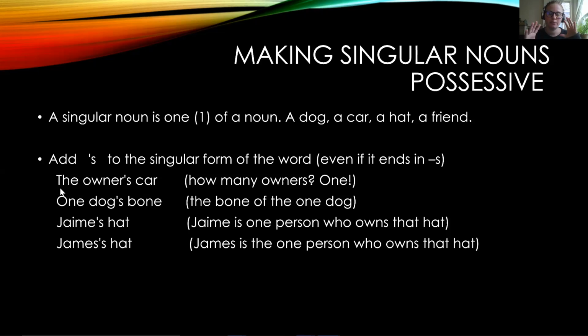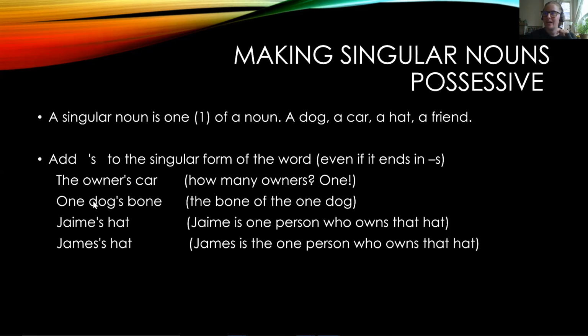"The" can refer to, like, the class's textbooks. If our class had a bunch of textbooks that we shared, we could say the class's, because that's the collective noun, that one group, that one class. So that doesn't always mean one, just sometimes that's a hint. But because the apostrophe is before the S, that's what tells us that there's one person that owns this car.